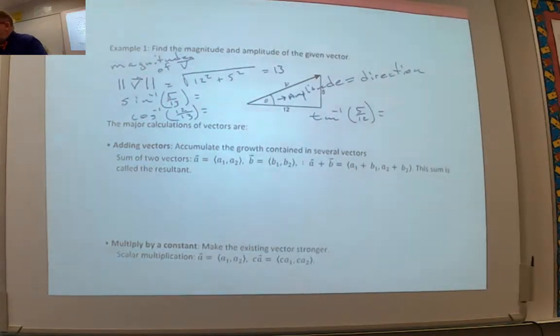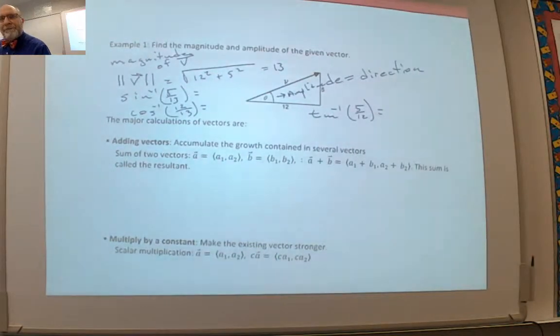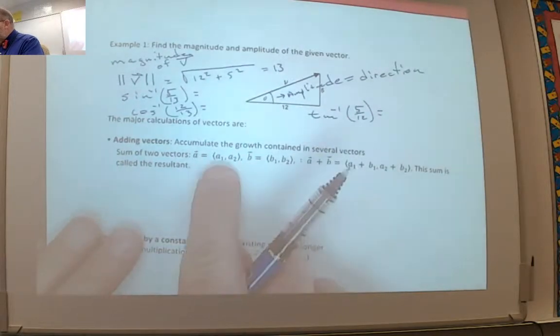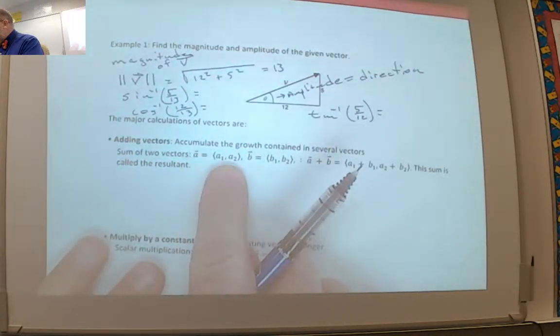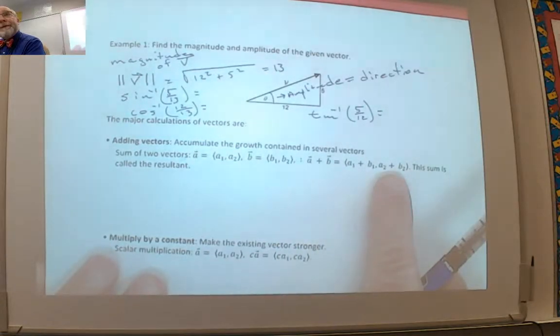All right, you will not have to do the next 4 things. That's not part of what you can be tested on in AP. But again, this is review. Let's say I have vector A and vector B, and I add them together. This is what it would look like.